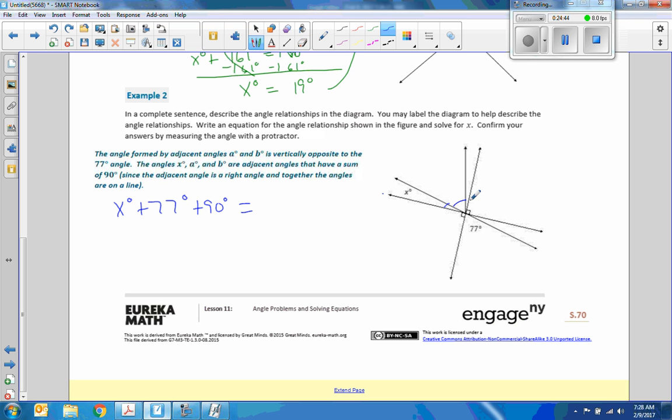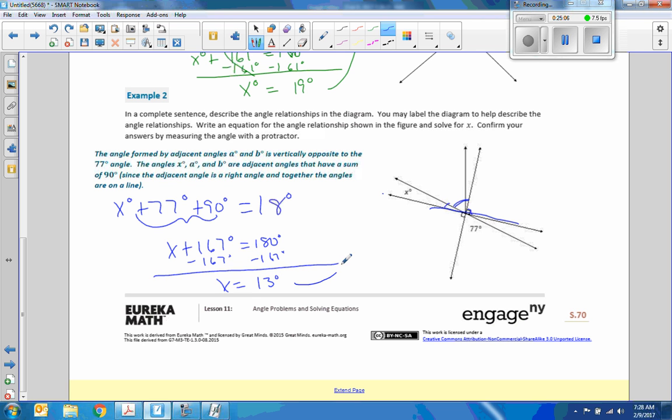Okay, so this plus this, which is 77, plus that, forms this straight line, 180 degrees. Combine like terms, x plus 167 degrees equals 180 degrees. Subtract 167 from both sides. These cancel. X equals 13 degrees. So this is 13. Okay, I'm going to go get my protractor.